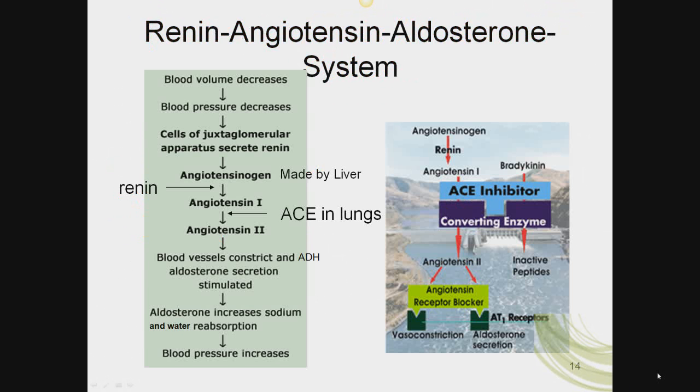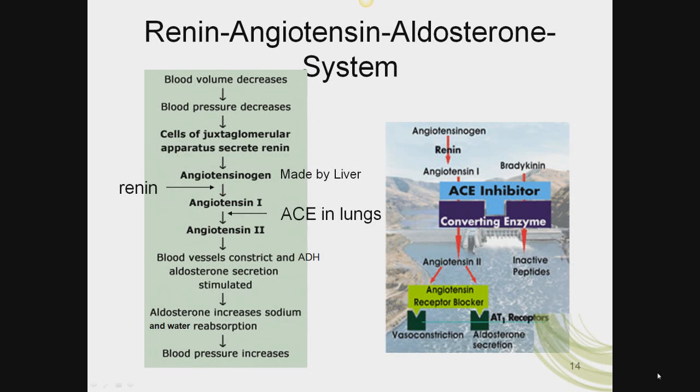So, as I've already done, if and when blood volume decreases, this will lead to a decrease in blood pressure. The juxtaglomerular cells are going to detect this less stretch, less pressure, and they will secrete more renin.